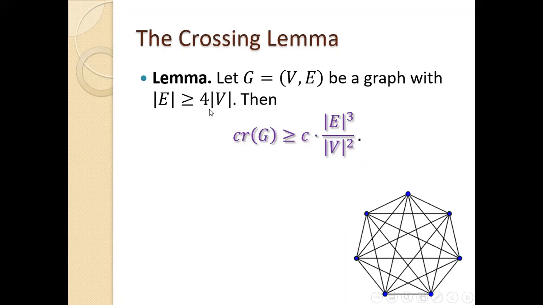The number of crossings is at least the number of edges cubed divided by the number of vertices squared. Okay, just an expression. So intuitively what this lemma says is, when you have a lot of edges, you should expect really a lot of crossings. There's no way to avoid it.